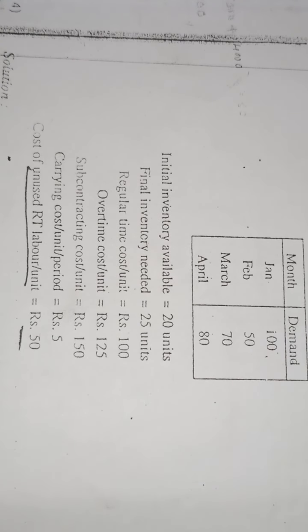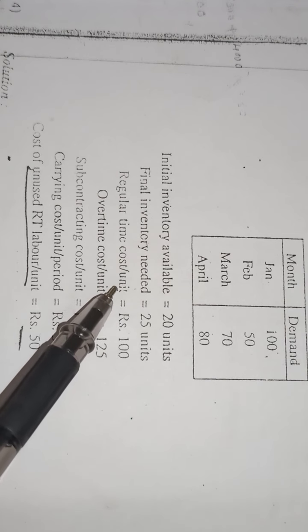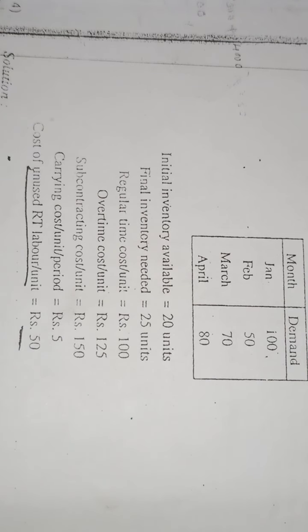So by using these data, we have to meet the demand of January, February, March, April by using supply capacity as well as the initial inventory, final inventory, RT, OT, SC. So by using these data, we have to meet the demand.